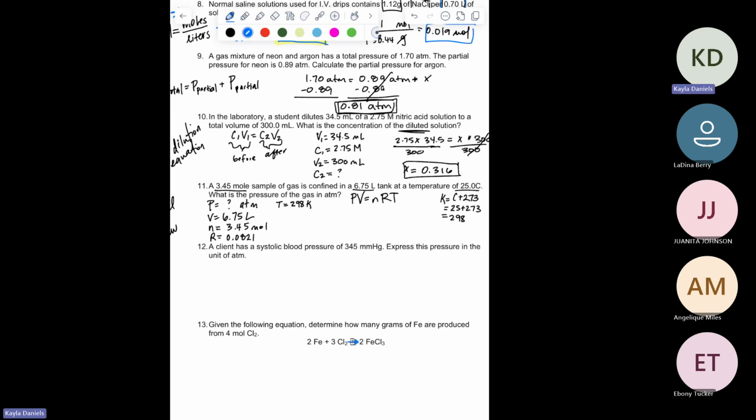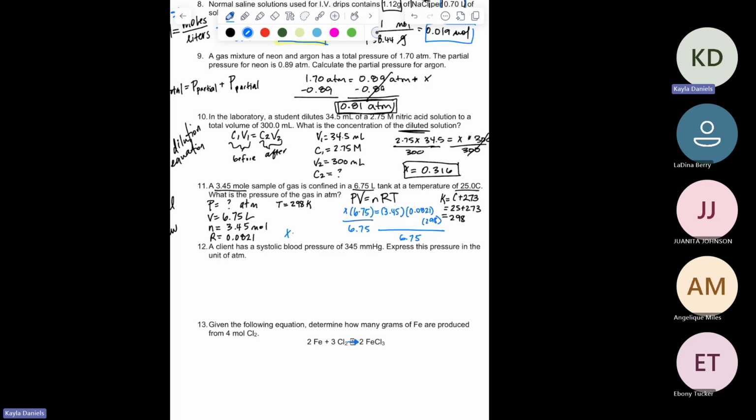All right. So P is my X, V 6.75, N 3.45, R 0.0821, T 298. All right, so to get X by itself, I'm going to divide each side by 6.75.